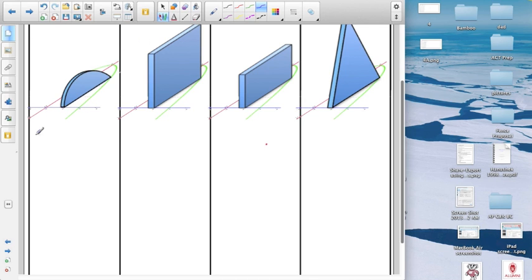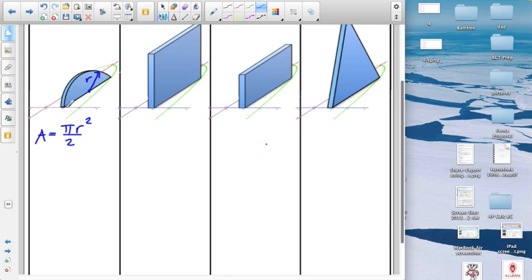If we look at a semicircle here, we know the area of a circle is pi r squared, so the area expression here would be pi r squared divided by 2. That would be your semicircle. There's your radius.